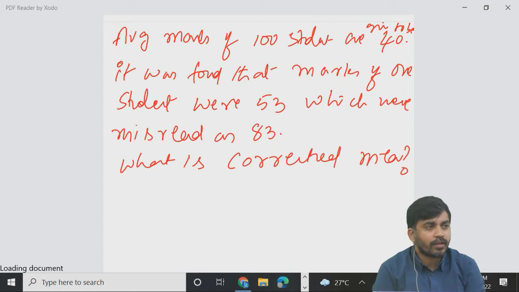What is the corrected mean? This is like the previous question only. Subtract 40.